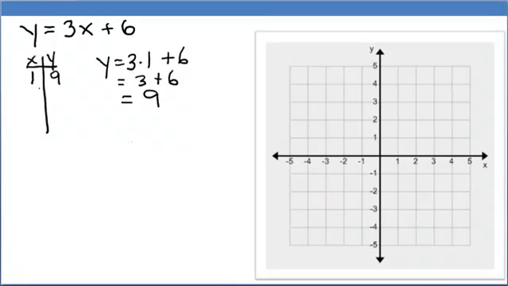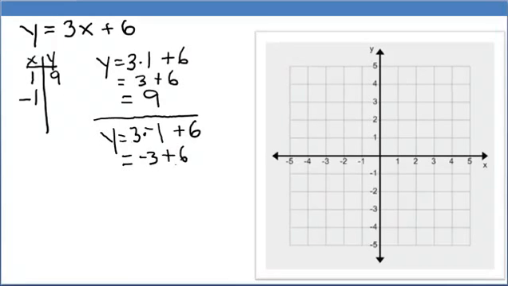So let's plug in a negative 1 and see if we can get something smaller. So if we plug in a negative 1, y equals 3 times negative 1, plus 6. 3 times negative 1 is a negative 3, plus 6 is 3.